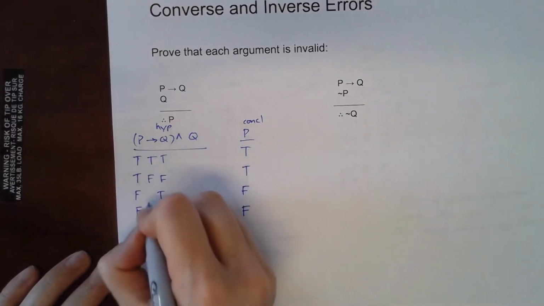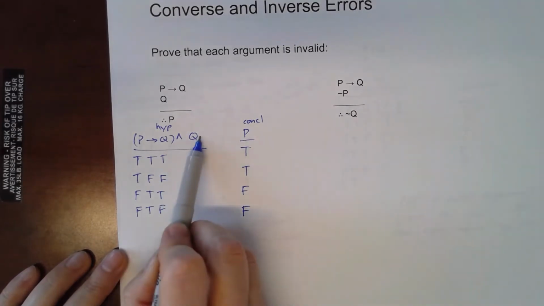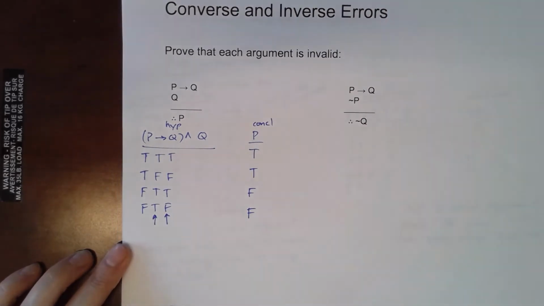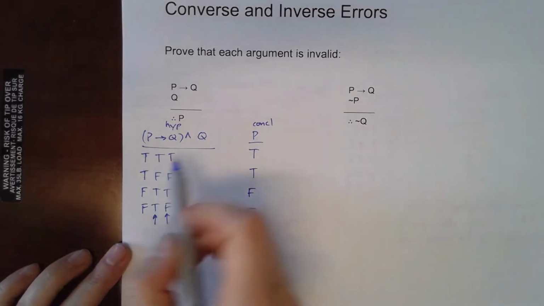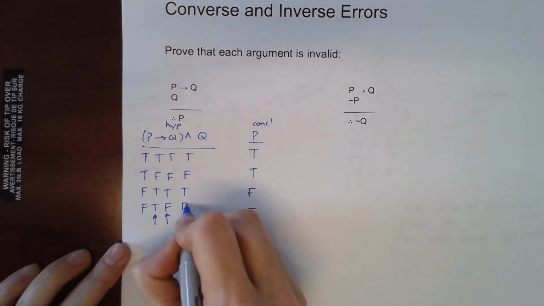The rest of them will be true. And then when I'm doing this AND, the Q is actually here, so I'm not going to rewrite it. And we're ANDing it with the result of the implication, which is right here. So those are the things that are going to get ANDed together. So when I AND these, I get true, I get false, I get true, I get false.